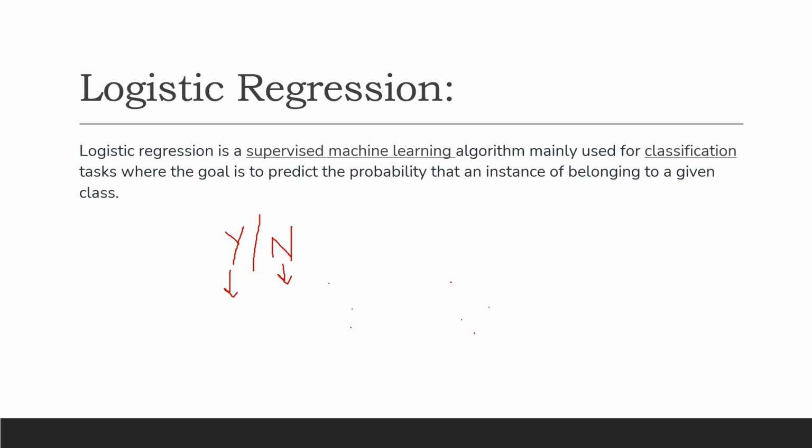So we use mapping for these kinds of values. For example, we map yes to 1 and no to 0. If the logistic regression tells us that the value is 1, we will consider it a yes, and if it tells us the number 0, then we will classify it as no.